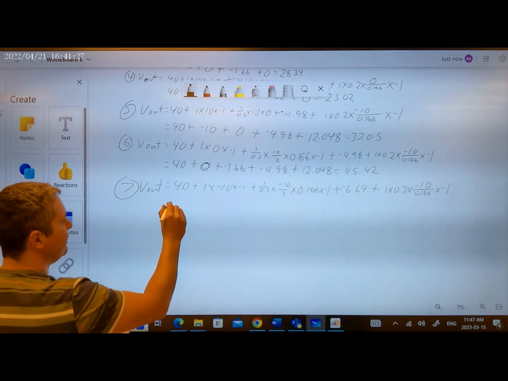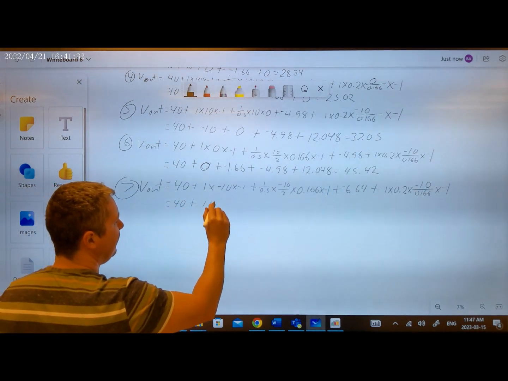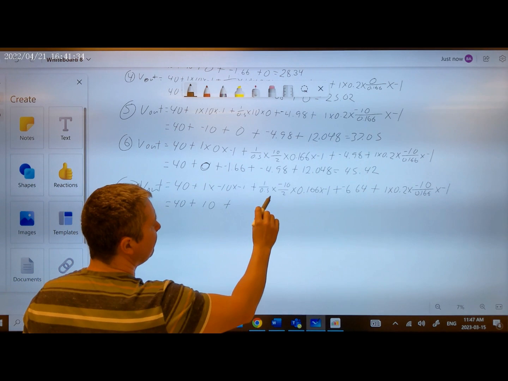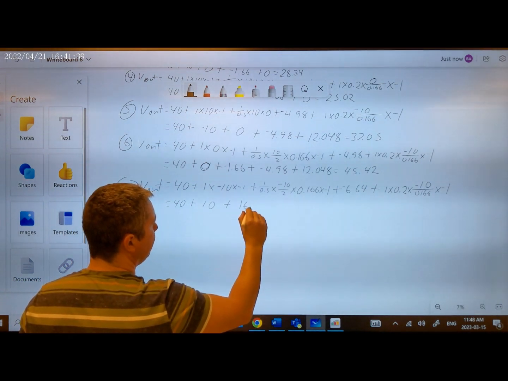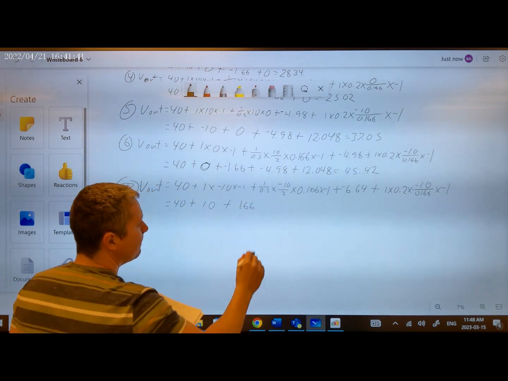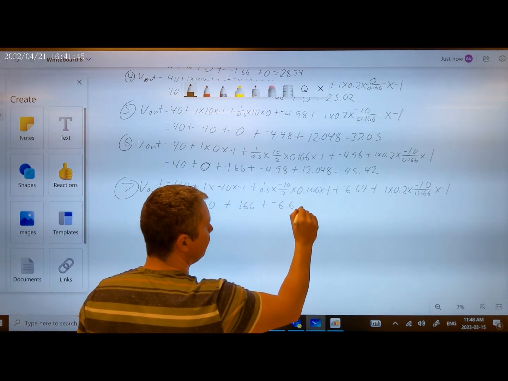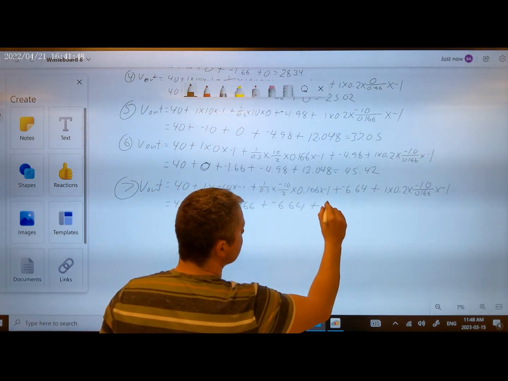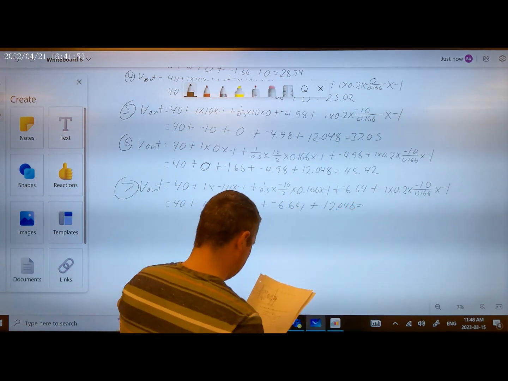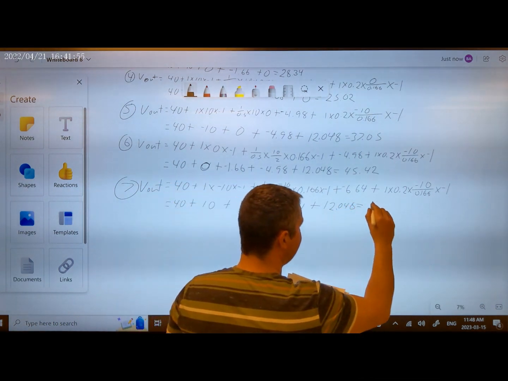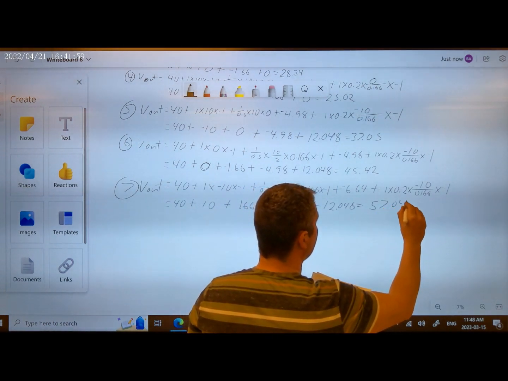And that is going to equal 40 plus, we have a positive 10, plus we have an integral of 1.66, so now we're in the positives, plus negative 6.64, plus 12.048, which equals 57.048.